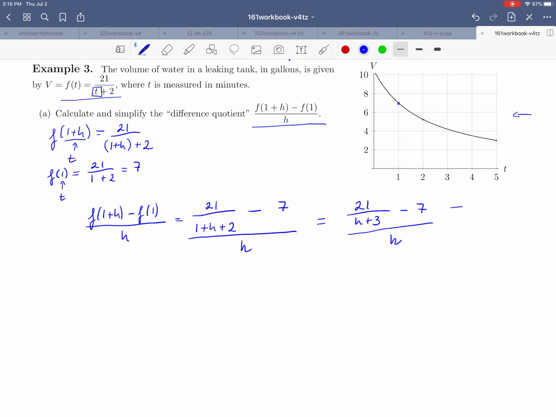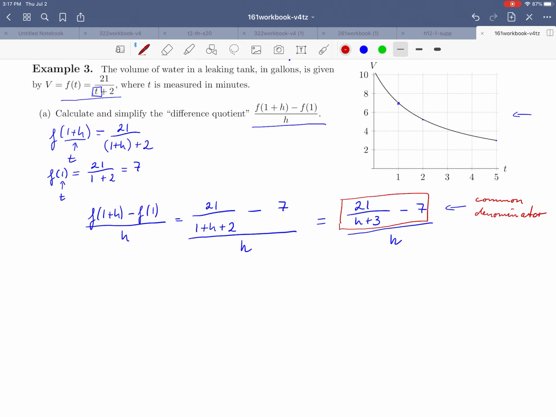And so the first thing I want to do is just look at the numerator and see if I can combine those two terms. And the way I can do that is by finding a common denominator. Now, on the left-hand side, I have h plus 3 as my denominator.